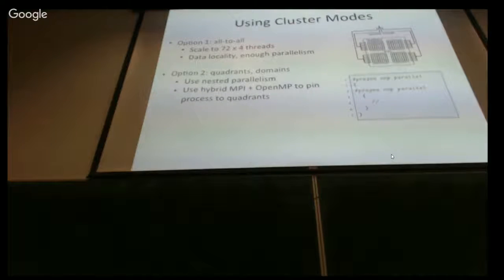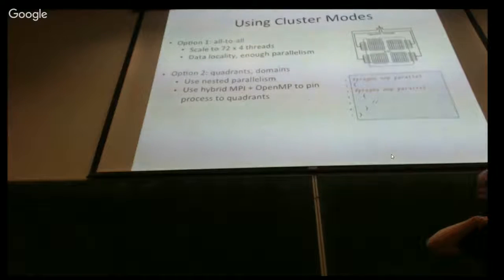So the first one is Alt-All, and this is a configuration that is best matched to applications that can scale up to the full thread count on KNL. Because what you've demonstrated there is that the cache coherency between all the L2s, between all those cores, is not a limiting factor for your performance.